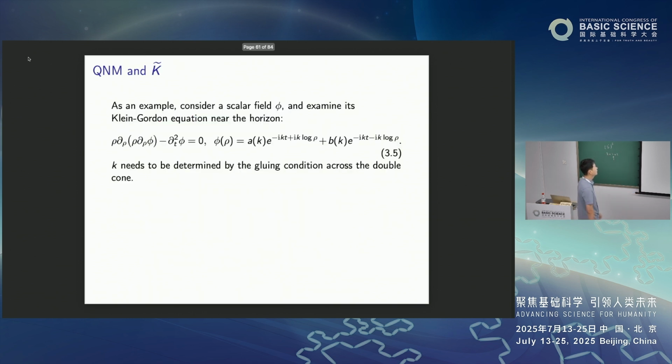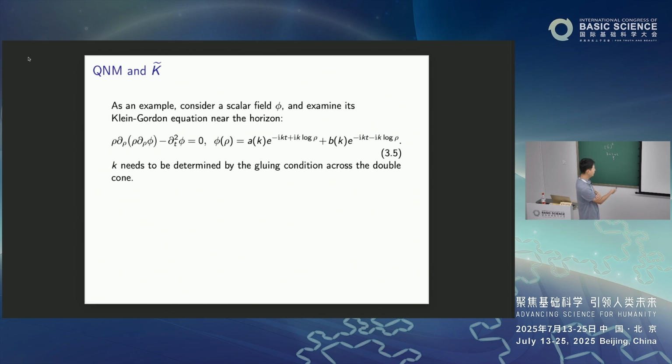Okay. So why is the spectrum of the K tilde given by the quasi-normal modes? Here, let me just illustrate the idea using a simple example of a scalar field phi. So we can examine the behavior of the scalar field near the horizon. Then for the transverse direction, you can always do a Fourier decomposition.